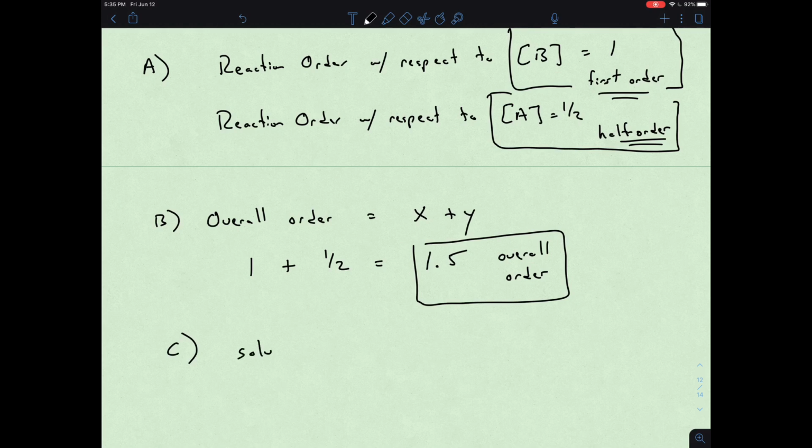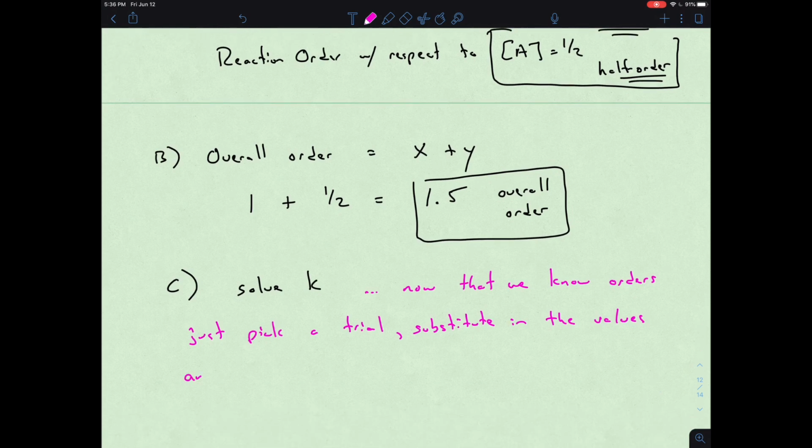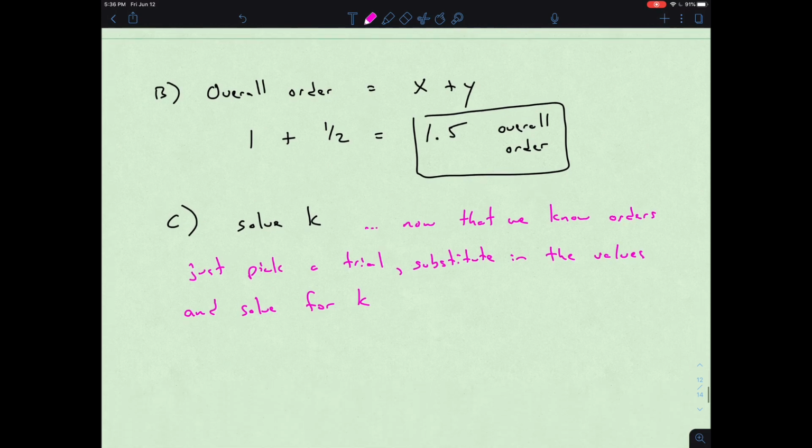For C, we have to solve for K. And so now that we know orders, we just pick a trial, substitute in the values, and solve for our little k.